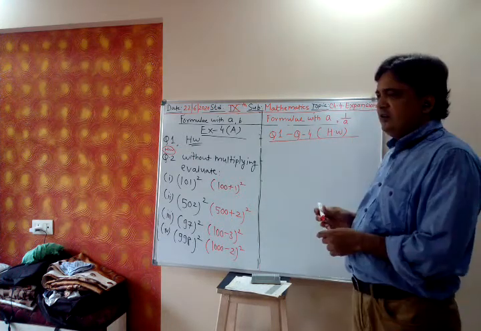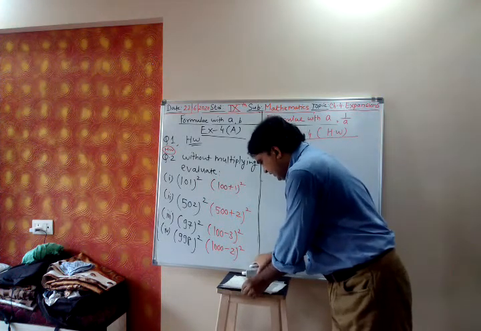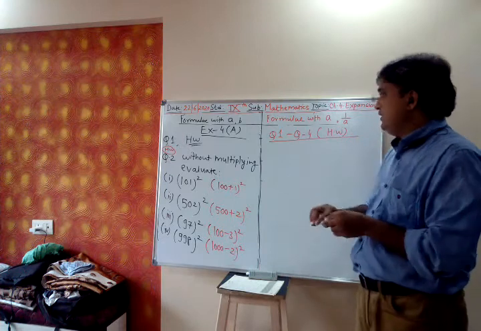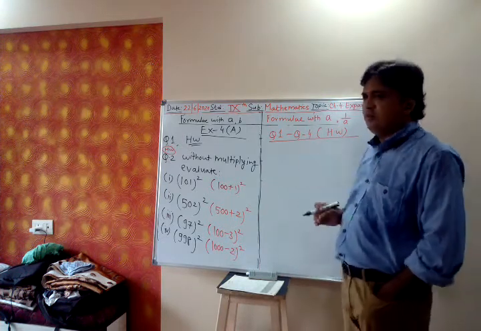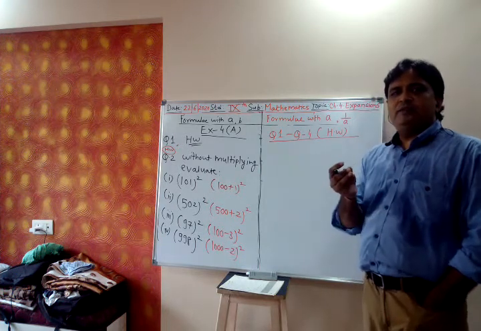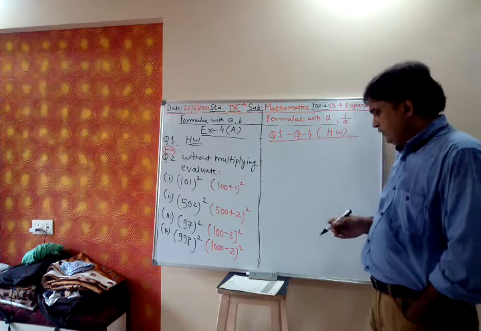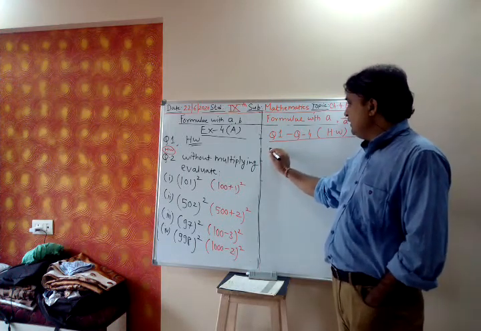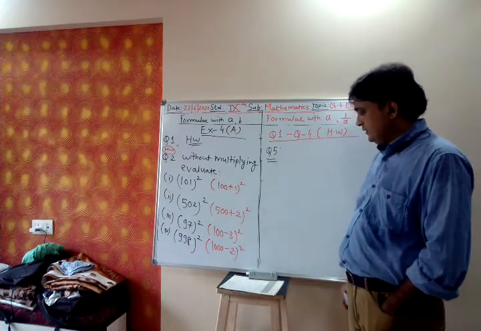This type of problems will not be asked in ICSE board 9th standard exam. So question number 5 onwards, important. They are also easy, because they are based on the formula a minus b whole square, a plus b whole square. Question number 5 onwards you can expect in the ICSE board, and they are important.